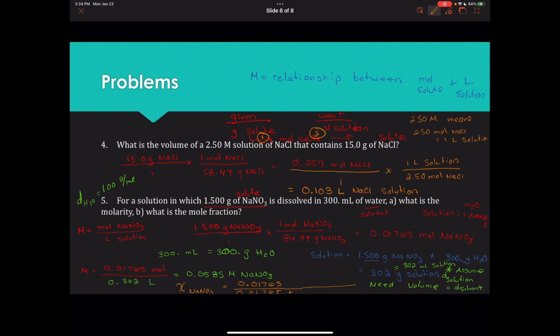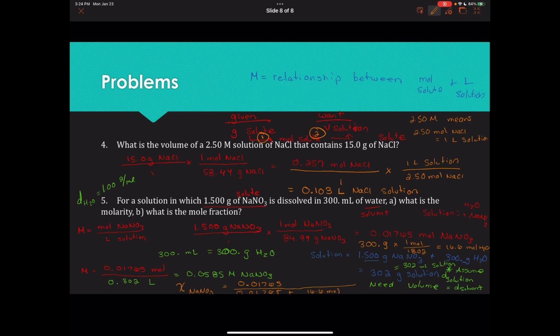We have 300 grams of water. So we're not using the 302, that's our solution. We need just the solvent right now. So 300 grams of water times our conversion factor with our molar mass. And we're going to have 16.6 moles of water.